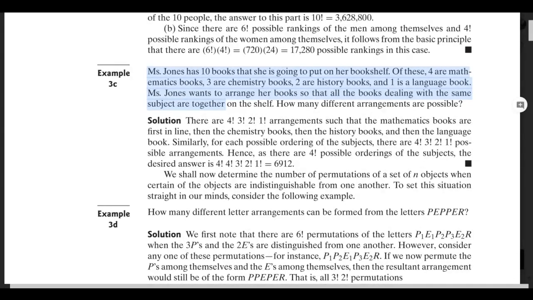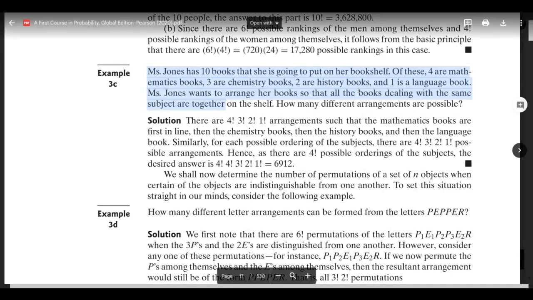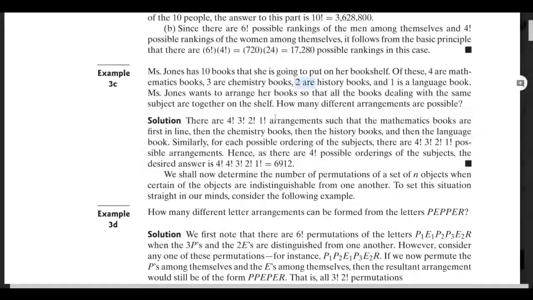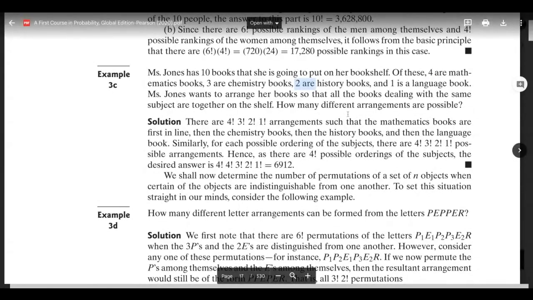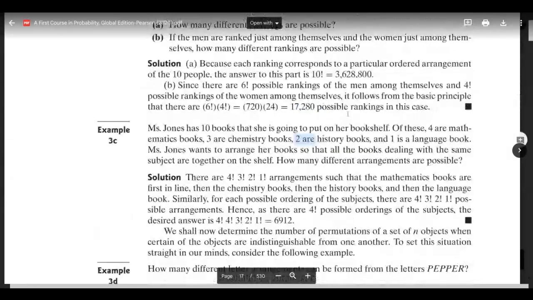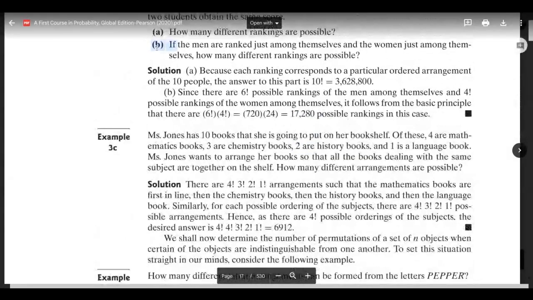So mathematics are together, chemistry are together, histories are together. How many different arrangements are possible? Similar to this B, right?